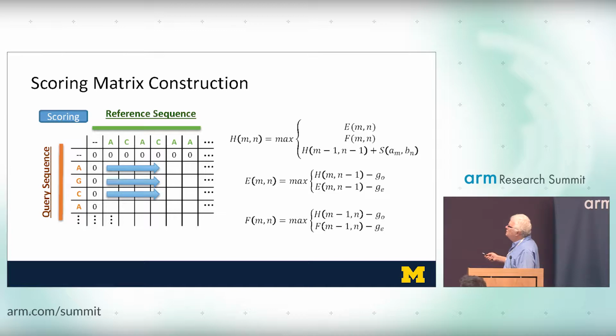So you sweep it and figure out H. If you look at the indices, you'll notice that the value of something depends on the values of things to the northwest, north, and west, so you've got this dependency going diagonally down. So you calculate these from older values of H and previous values of E and F.